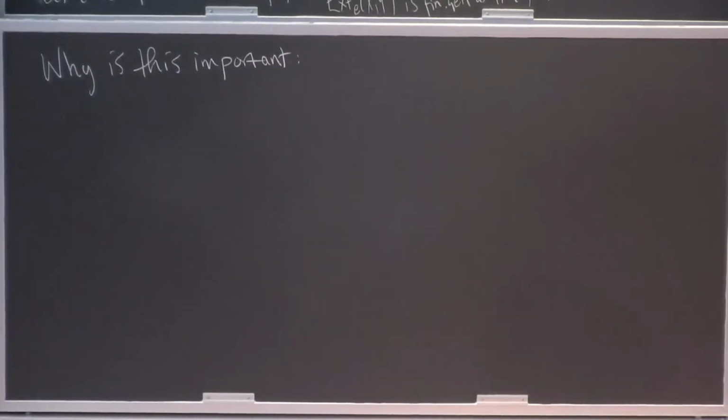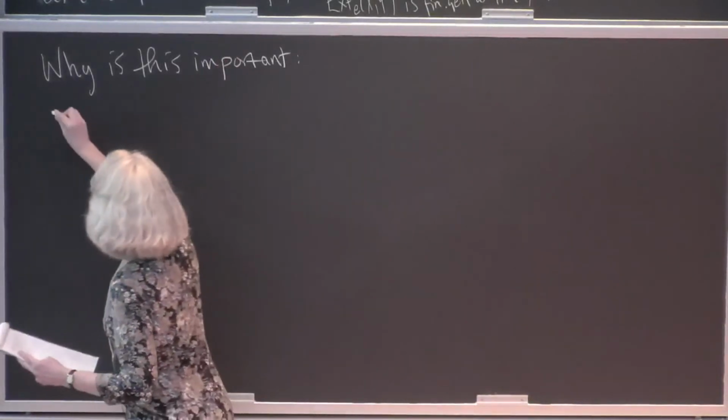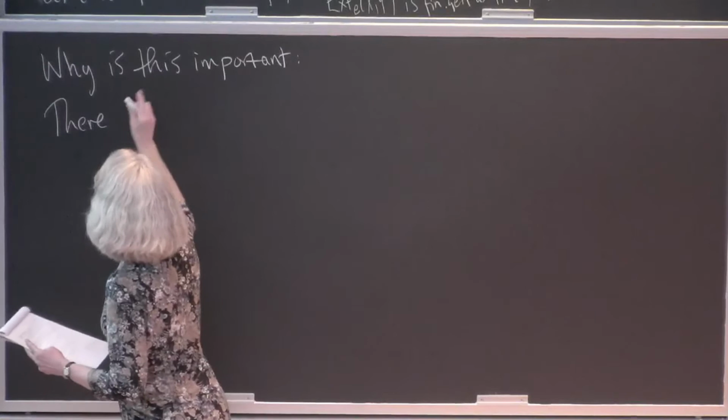Why do we really care about this conjecture, whether it's true or not? There may be any number of reasons. The Noetherian property is very important to understand if you have a ring that you're interested in. But in particular, there's a theory that is good if this is true.